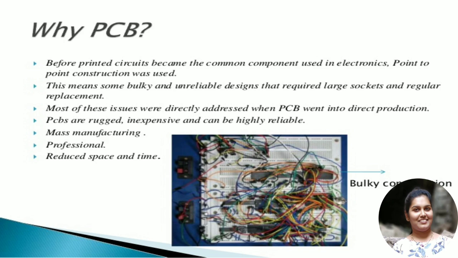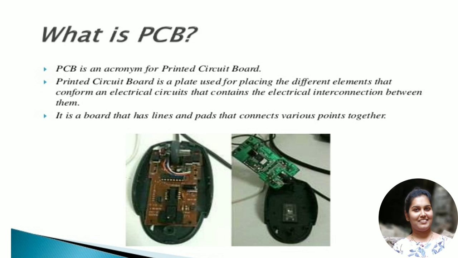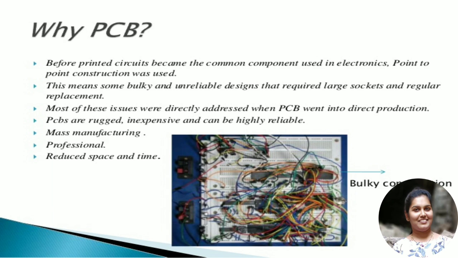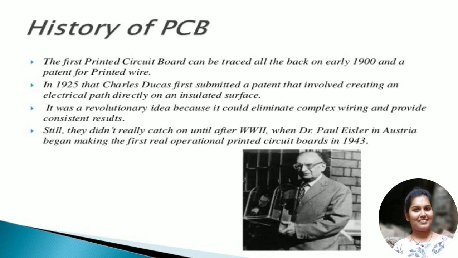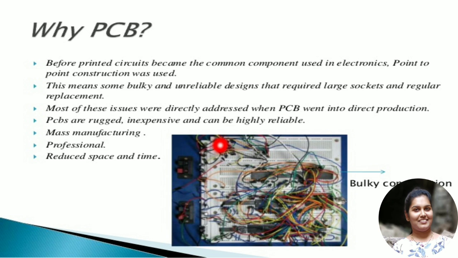You can observe the previous diagram and this diagram. When you see the previous diagram, though it has many components, the wiring has been very much reduced in this circuitry, where we see only two wires internally. Whereas in this diagram, you see n number of wires.